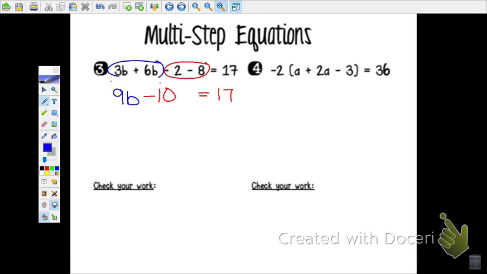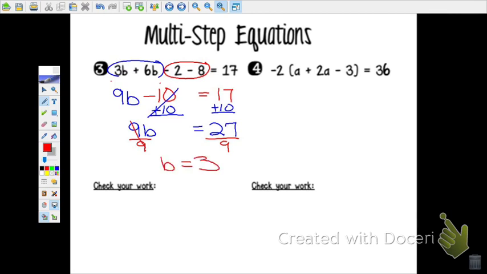So I start away from the variable. I'm going to add 10 to both sides. 9b equals 27. And then I divide both sides by 9. B equals 3.